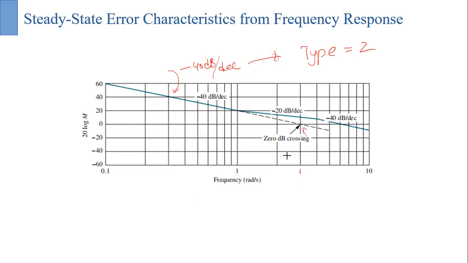And in this case, I can see that it is 1, 2, 3. So basically at omega equal to 3, we are having the 0 dB crossing. So we know that omega equal to root over K. So K is omega squared. So basically K will be 9. So based on that, you can easily calculate what should be your steady state error.